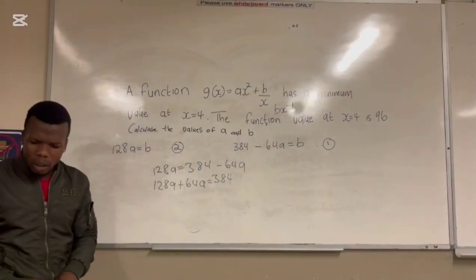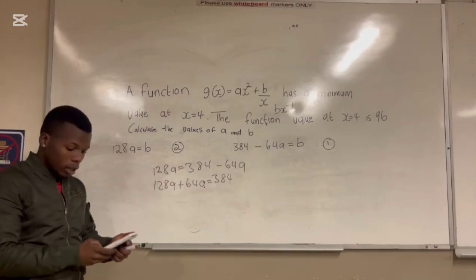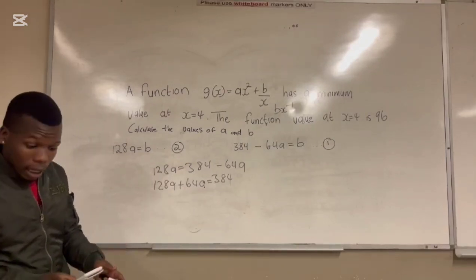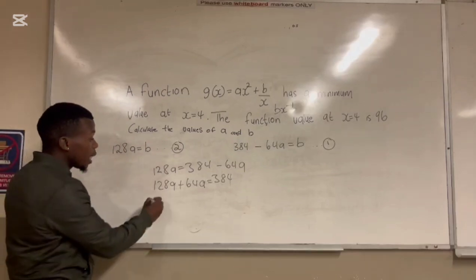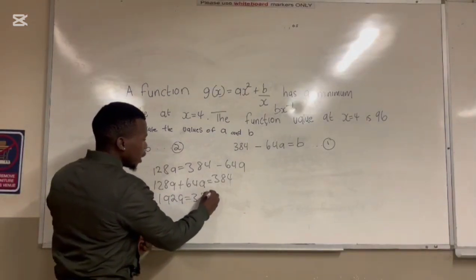What is 128 plus 64? I think it's 196, but let's double check. 128 plus 64 is 192. It means I have 192a, which is equal to 384.